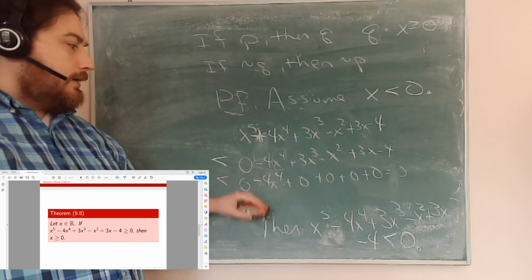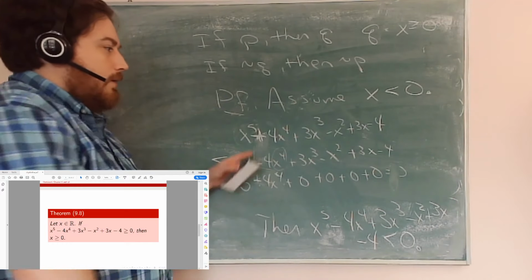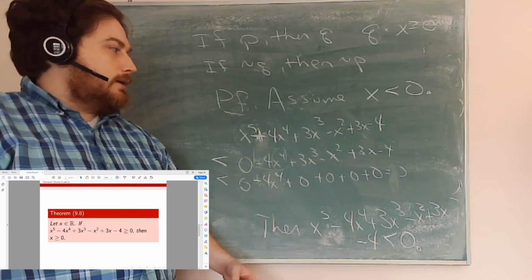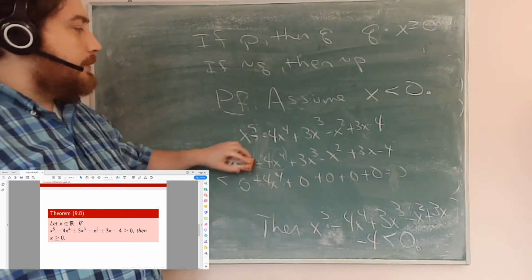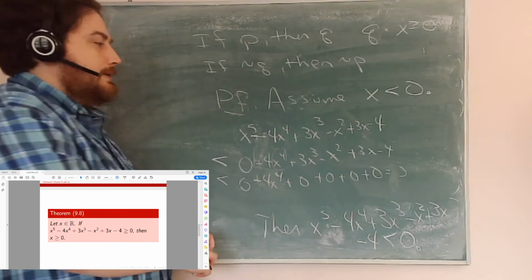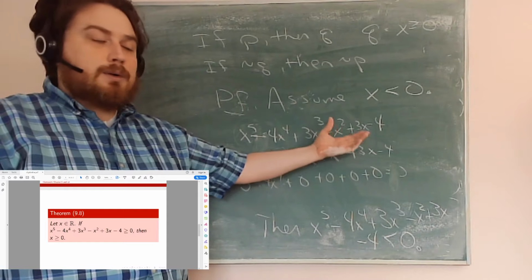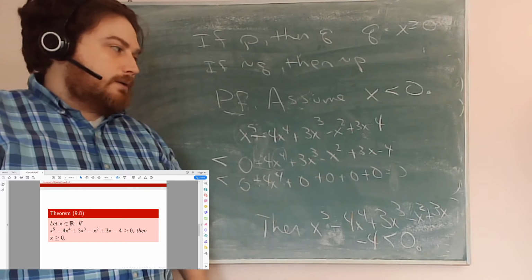And so if I have something where not all of the terms are less than 0, I can't necessarily get this proof out. The whole point is that each of the terms was set up so that if I plug the negative number in, I got a negative number, so that my proof follows out fairly quickly.